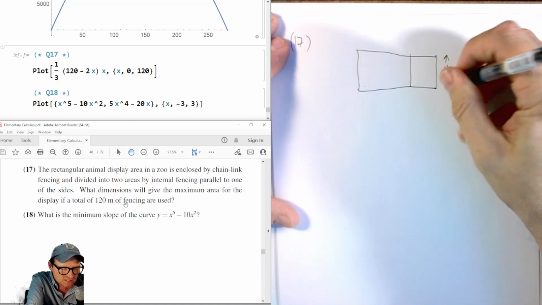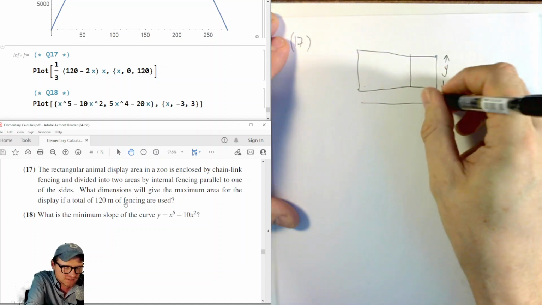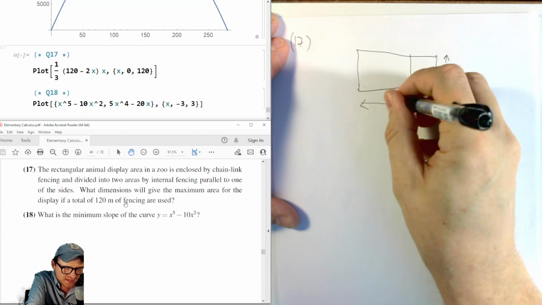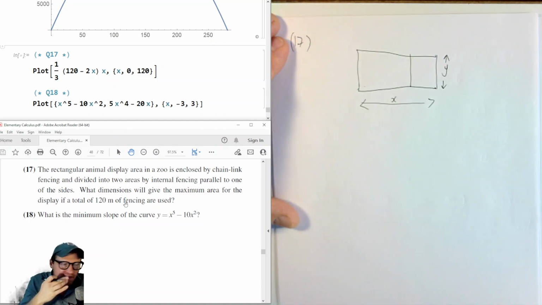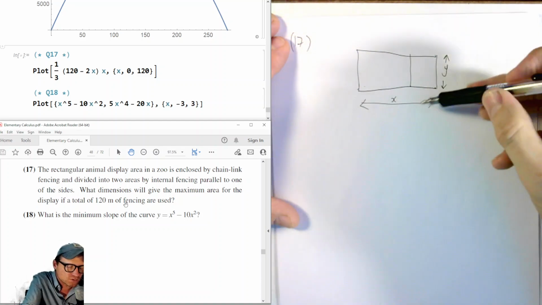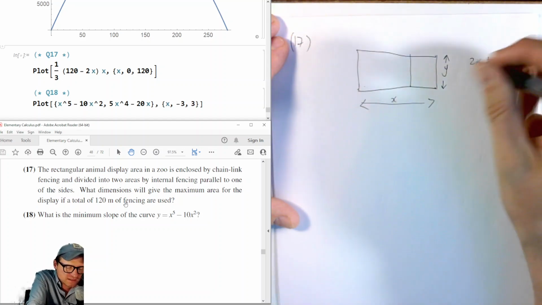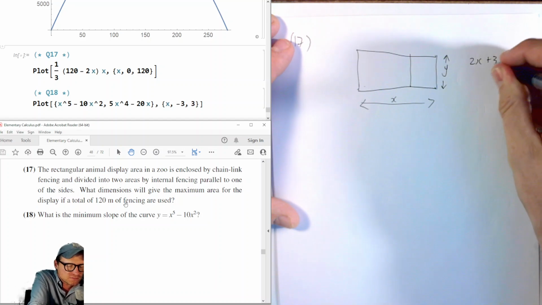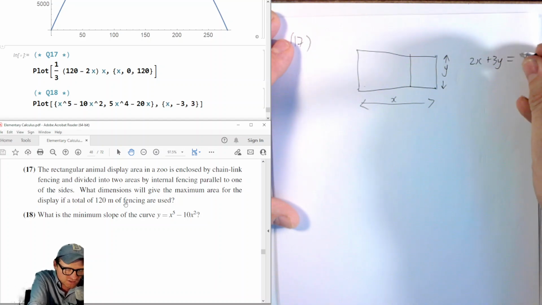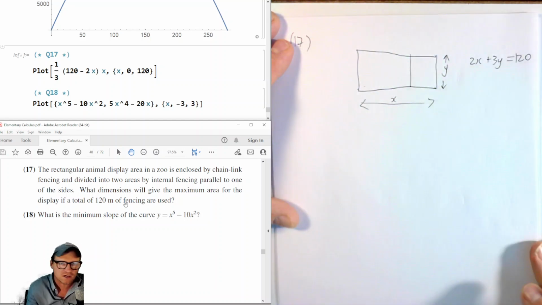Again, let's label this distance y, and this distance across here, let's label that x. So 120 is equal to x plus x, or 2x, and then we have 3 segments of y, so 3y. All right, this is our constraint.